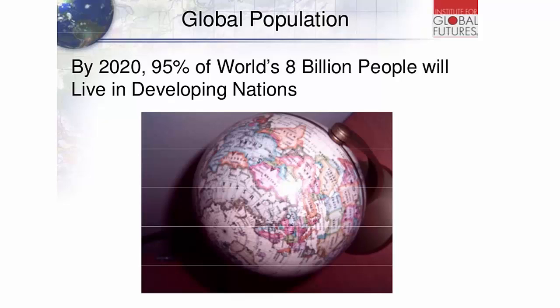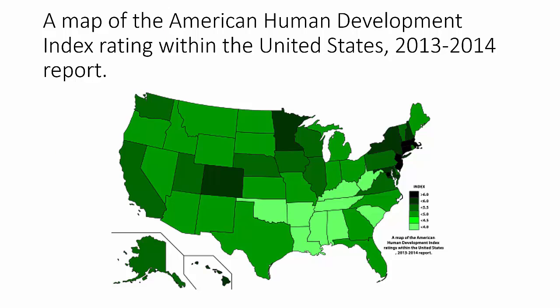So as we're thinking about the global and how that influences us, we also have quite a bit of diversity in the United States. Here's a map of the American Human Development Index. You can see where states like Connecticut, way up in the Northeast, has a rating of 6.17.